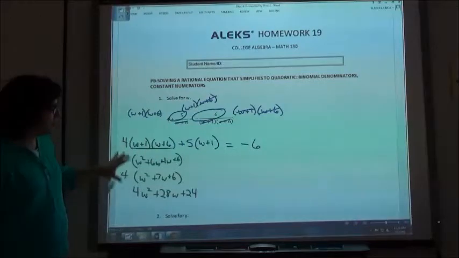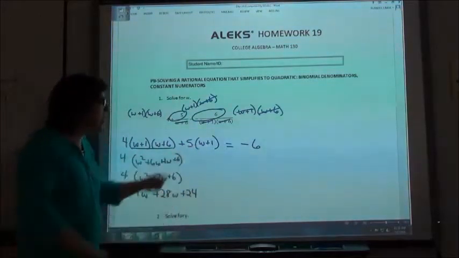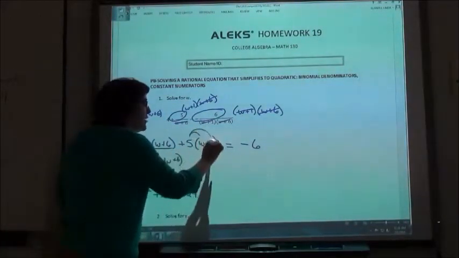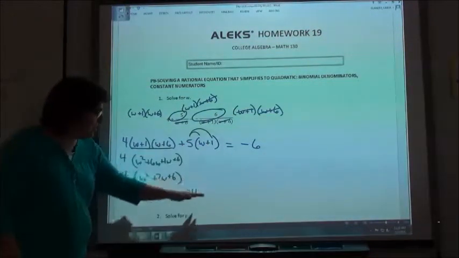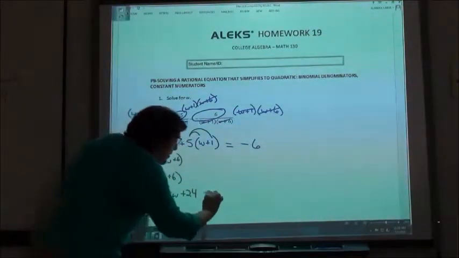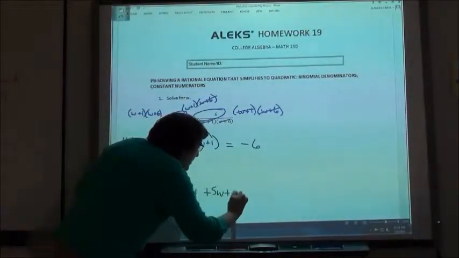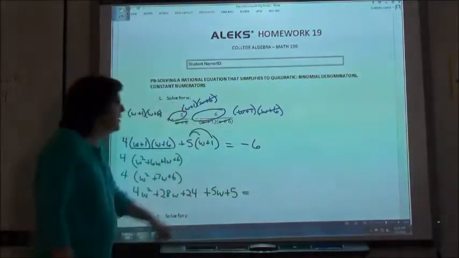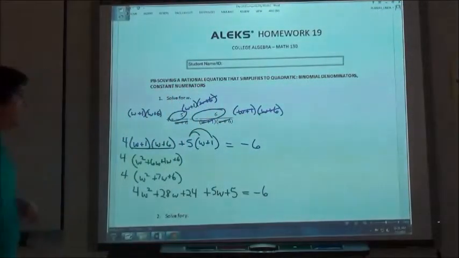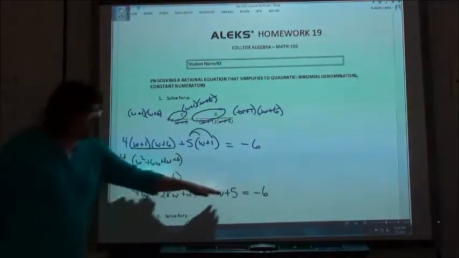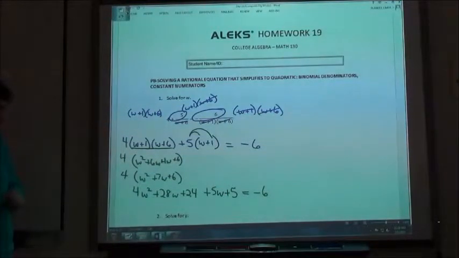I've got all this first part simplified. I can continue here. Here I'm just going to use my distributive property. So I'm going to have 5w plus 5. I'm just going to add it to the end down here. Plus 5w plus 5 equals, over here, I just have my minus 6. So, taking this big long mess, combining my like terms, I have the 4w squared.